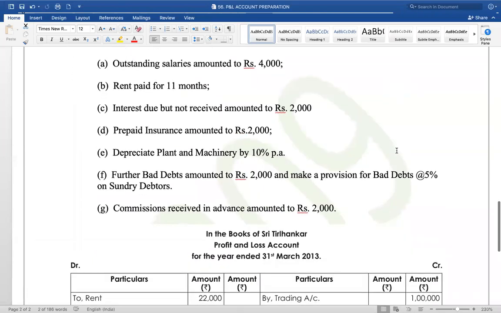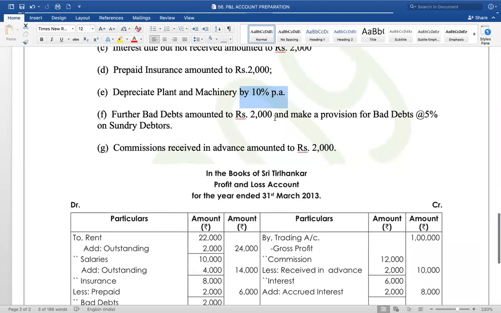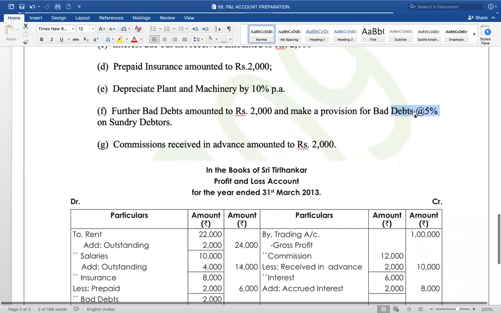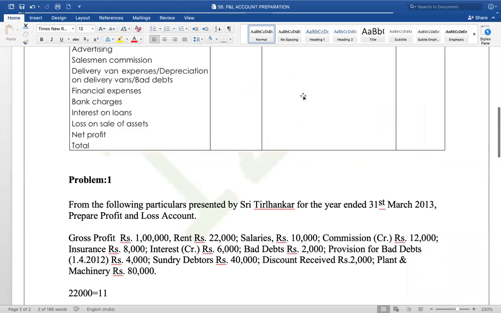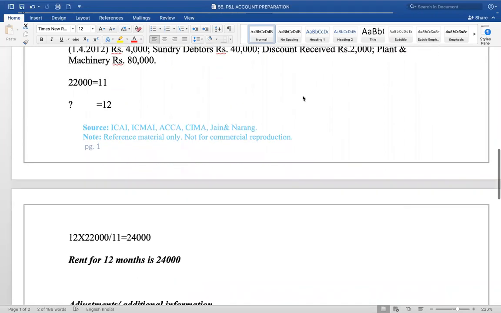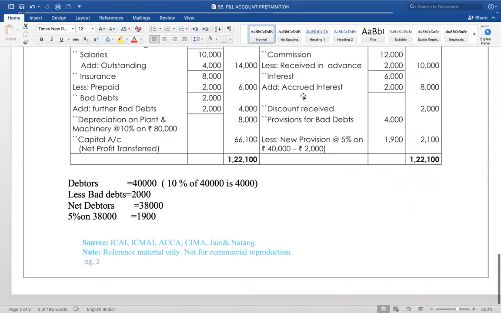Now outstanding we have taken, rent we have taken, interest we have taken, prepaid insurance we have taken, depreciation we have taken. Bad debts change we have taken, provision for doubtful debts change we have taken, commission we have taken. We have taken every bit of the problem, right? Yes, sir. So there's nothing left.